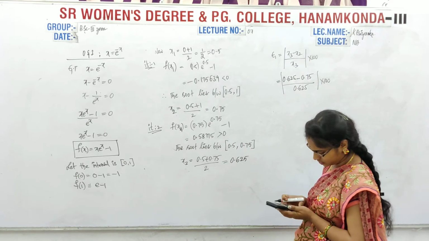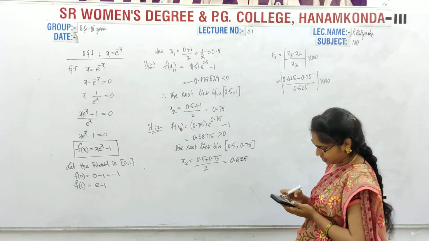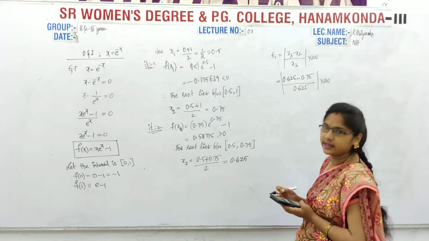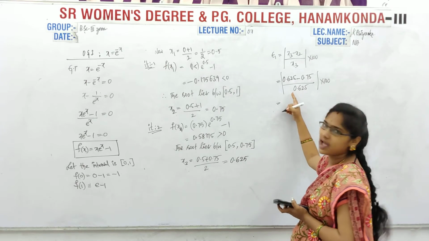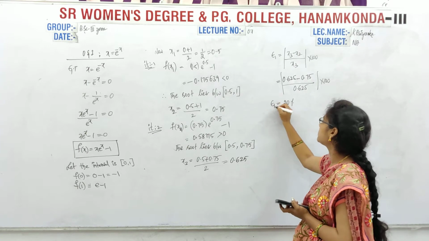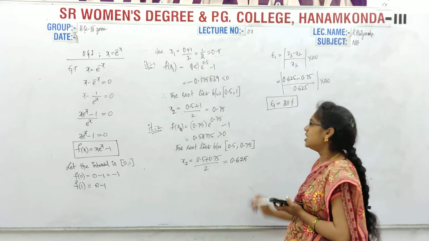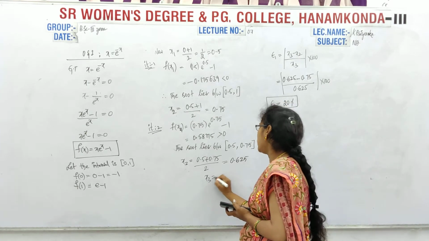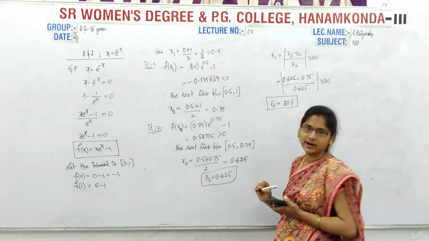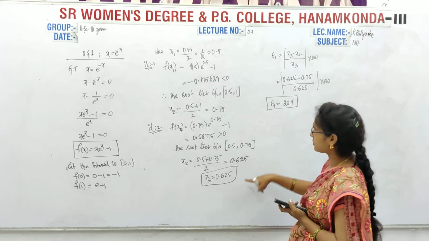Divided by 0.625, and into 100. It is nothing but the modulus we have now, so that's why it is positive. Now simply it is nothing but 20%. Epsilon 1 is 20%. Now actually it is near to 0.05, no? That's why we have to go for the next iteration.